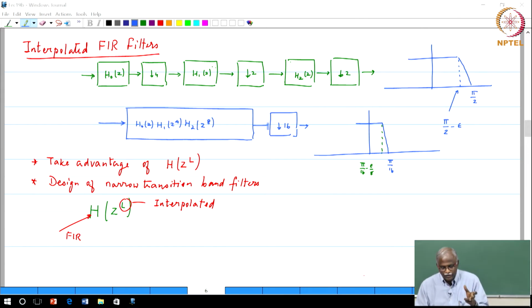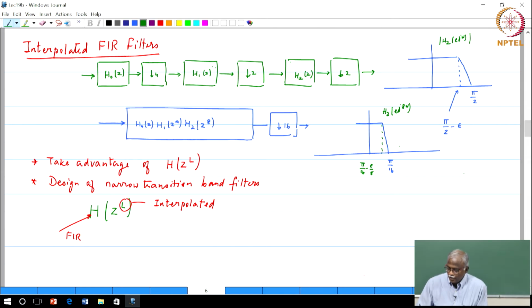We focused in on what happens when you have H of Z^L. Basically, if you were to take H2 of Z, and then if you call this, let me just label this, mod H2 E of j omega. Now, this one is H2 E of j8 omega, okay.